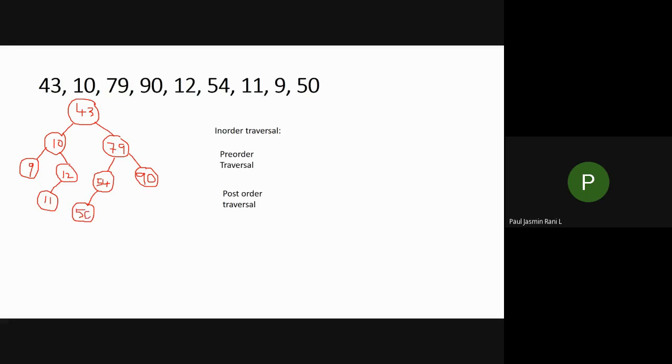After constructing your binary search tree, last class I think Venkatraman asked one doubt: how will you perform a traversal with the help of your element or with the help of your address?